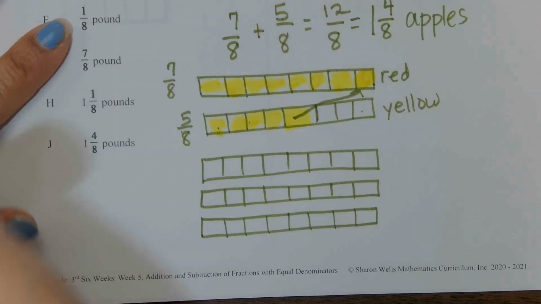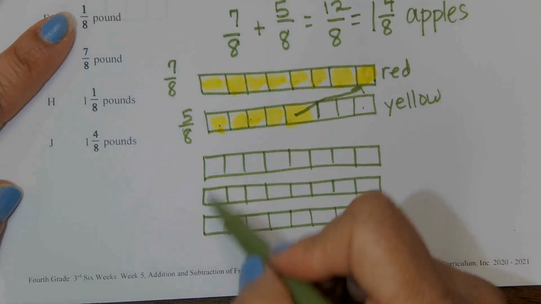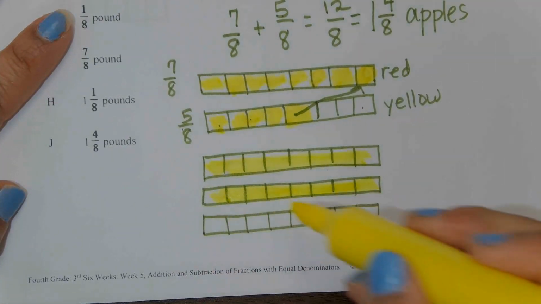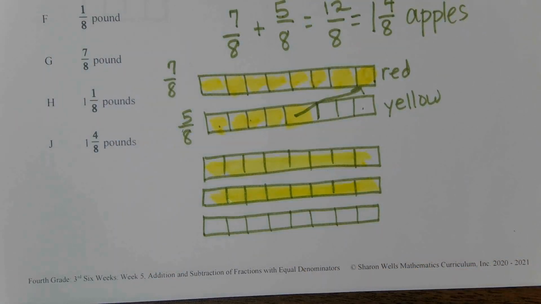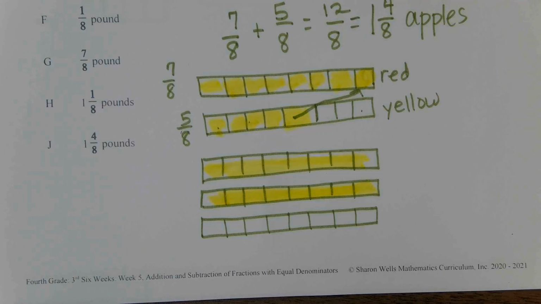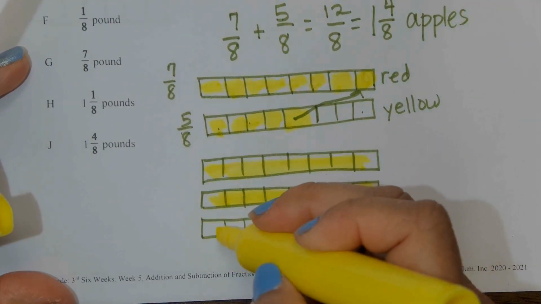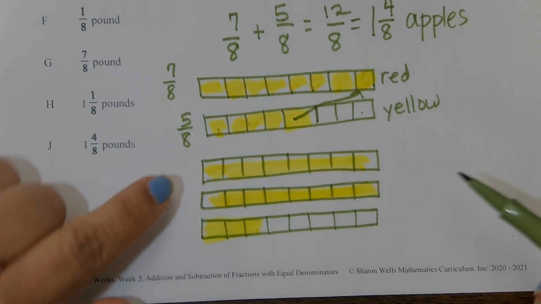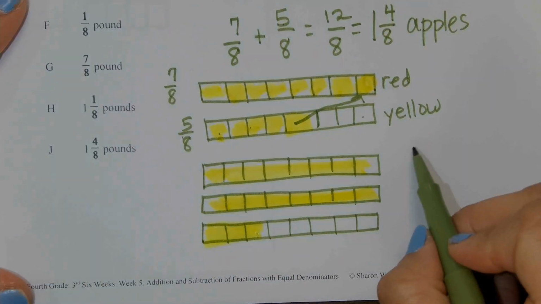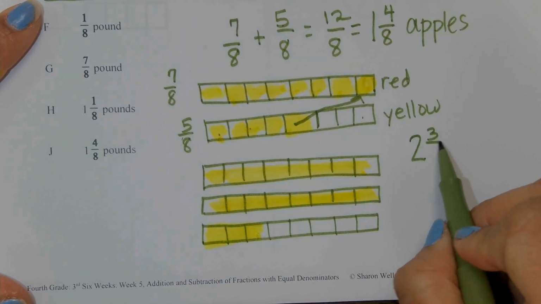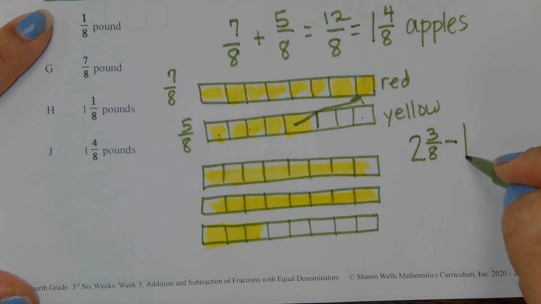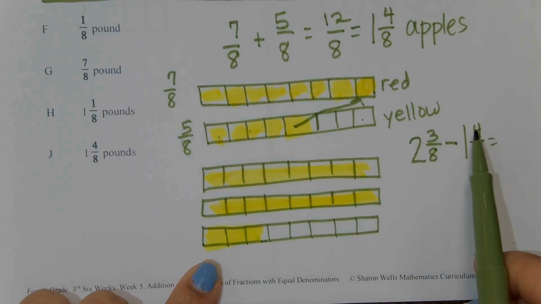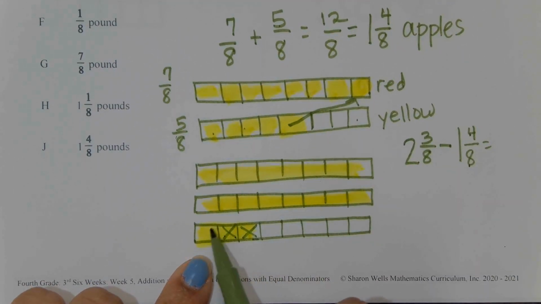I'm going to go ahead and shade in. So again, these are my bananas. This is the bananas that I have. I'm going to shade in 2 wholes, and then 3 out of 8. So now let's shade in our 3/8. So here's 2 3/8. So again, this is using a model to solve. Now let me write my equation. So it's 2 3/8 minus 1 4/8. From here, let's go ahead and take away 4/8. 1, 2, 3, and 4.